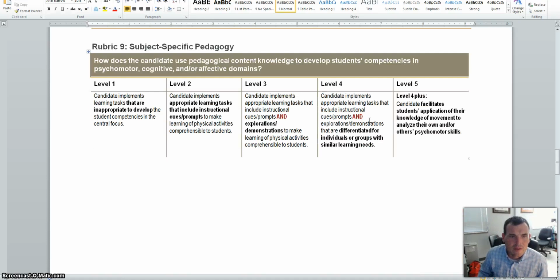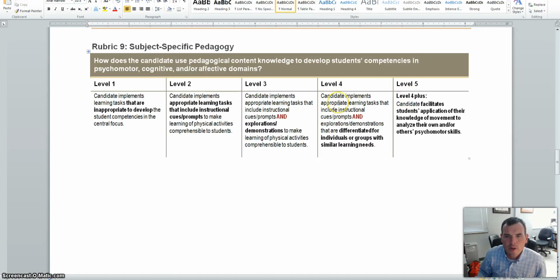Rubric 9, subject-specific pedagogy. Level 1, candidate implements learning tasks that are inappropriate to develop the student competencies in the central focus. So look at your lesson plan. What is the central focus? Are you implementing learning tasks that are going to develop that central focus? Let's go and read level 4 since it has a level 4 plus.